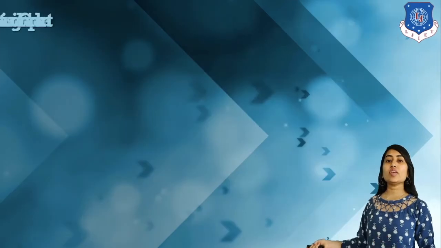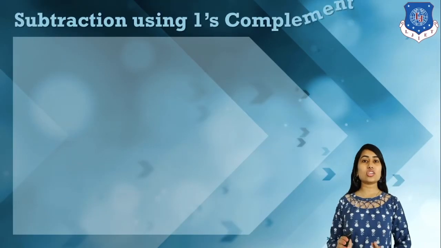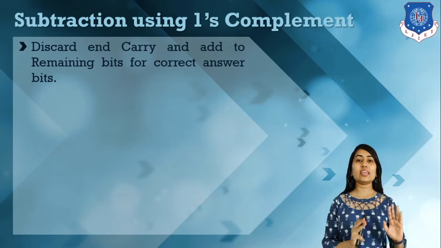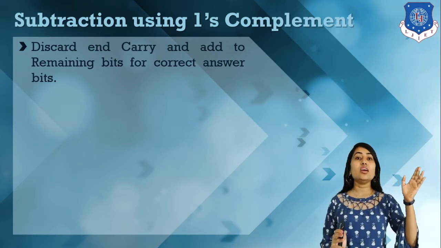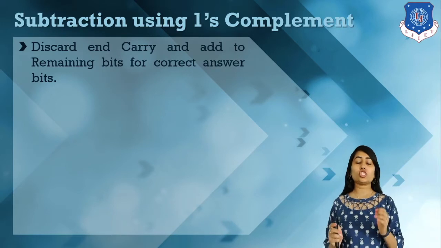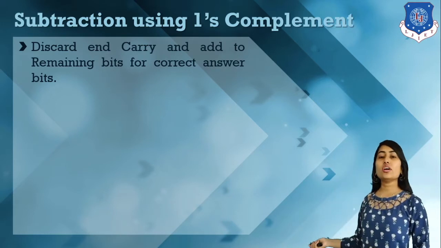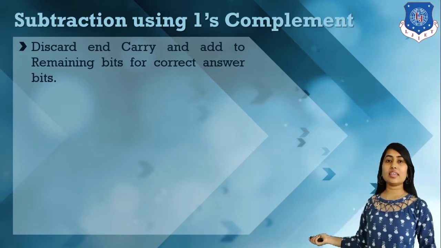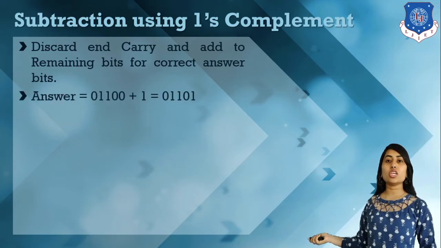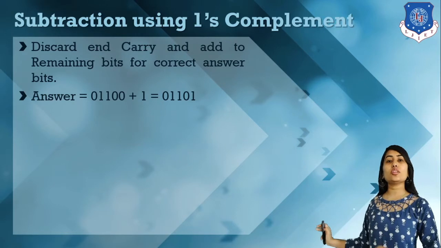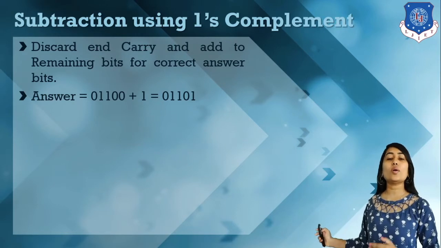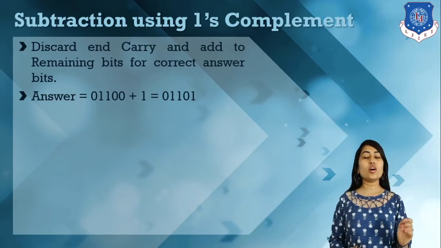Whenever we have an end carry, just discard that end carry and add it to the remaining bits for the correct answer. So here we discard this end carry and add it to the remaining bits, and we get the correct answer of our subtraction.